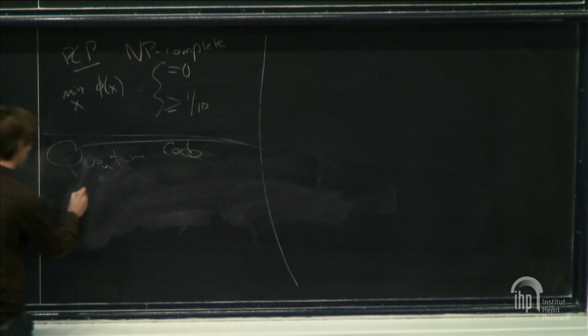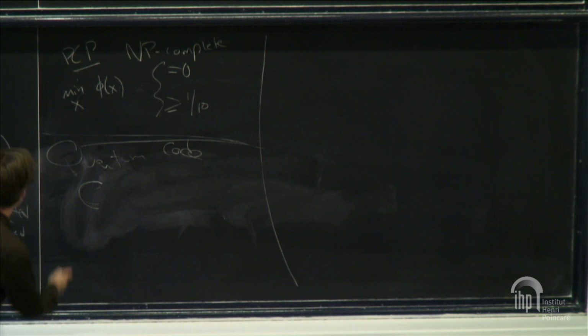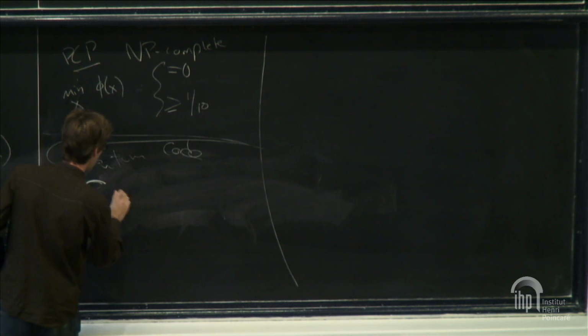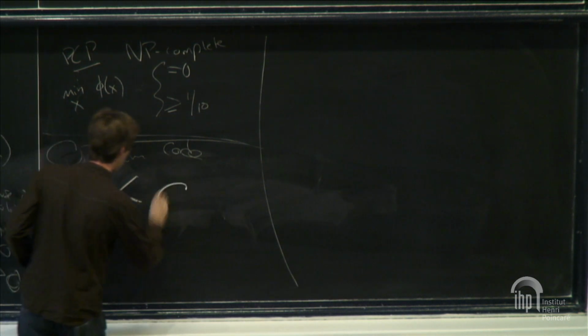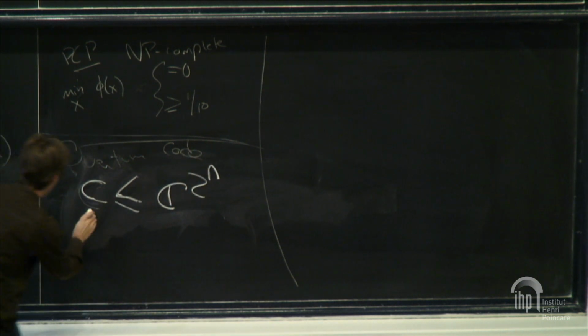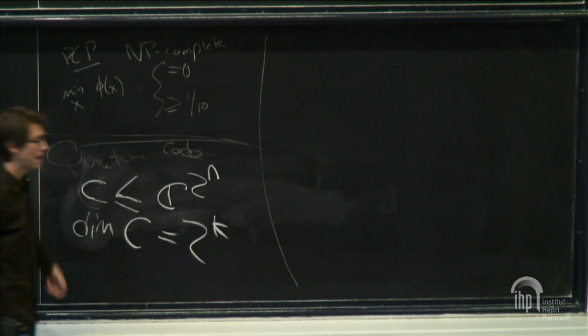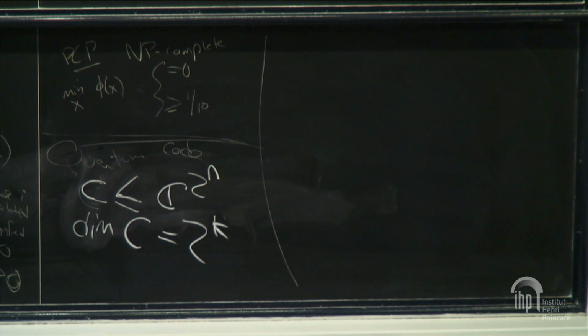So mathematically, I have C, which is now a subspace of the space of n qubits. And the dimension of C should be 2 to the k, that means I have k encoded qubits.